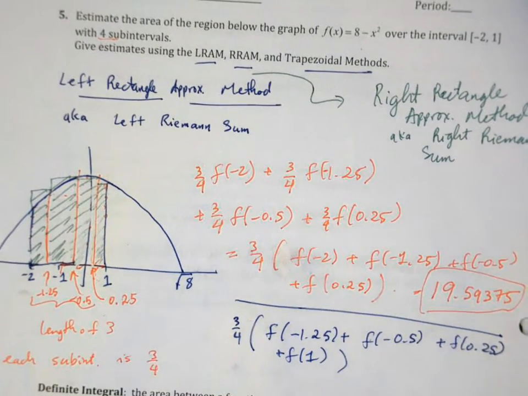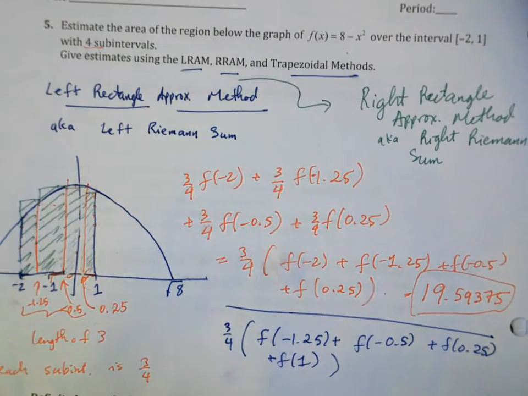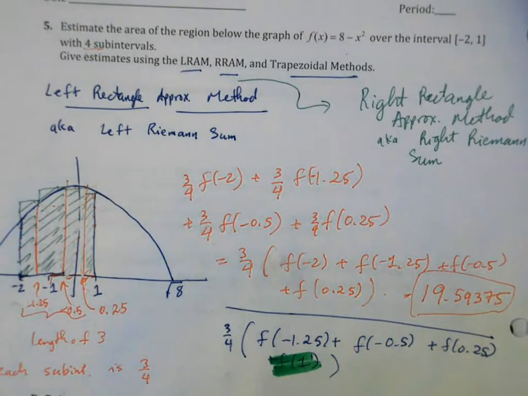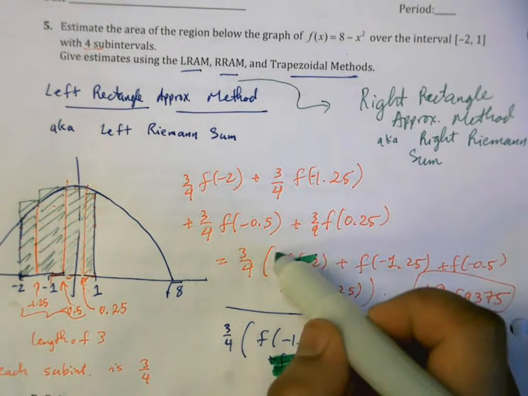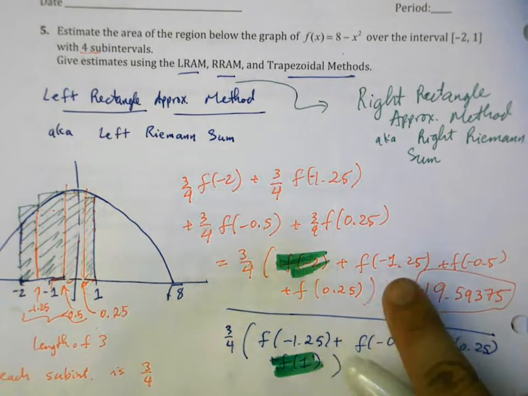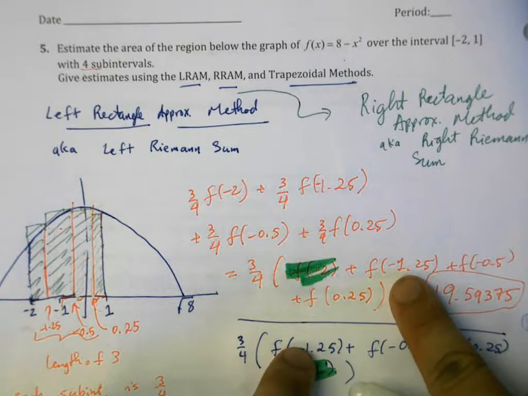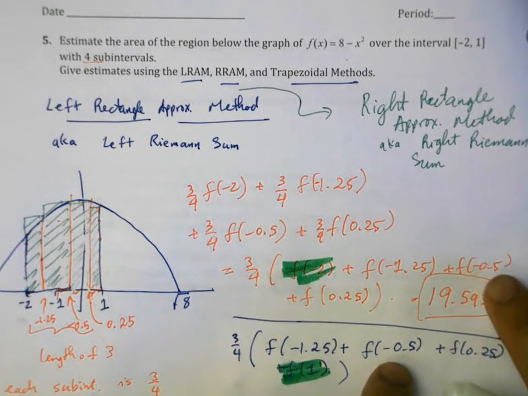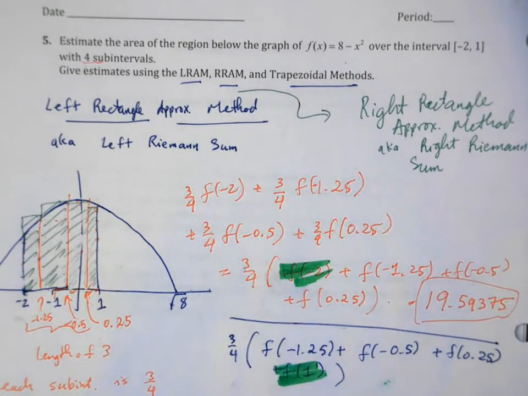So one of the big differences is that we have 1 here, whereas before we had negative 2. Everything else is the same: f of negative 1.25, these two values and these two values are all the same.